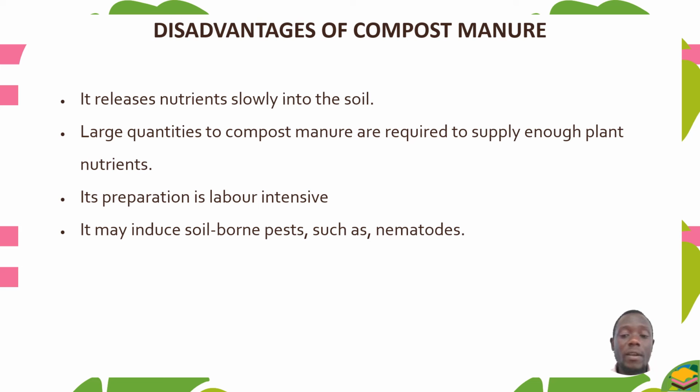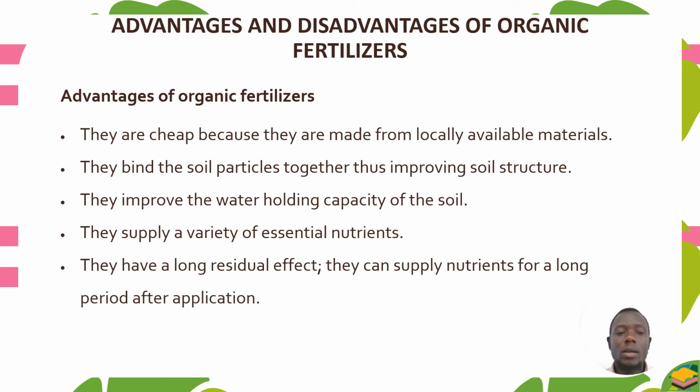So it is very labor intensive to prepare compost manure. It may also induce soil-borne pests such as nematodes. So these are some of the disadvantages of compost manure. So let's look at advantages and disadvantages of organic fertilizer.